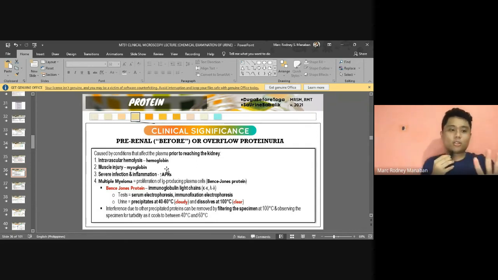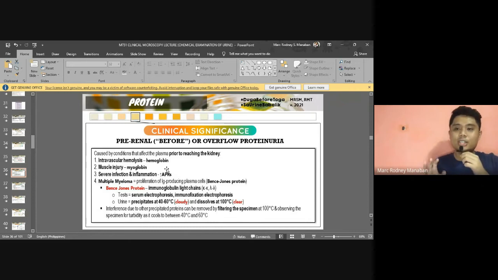That's why it's called overflow: too much protein is produced, and the amounts of protein released exceeded the tubular reabsorptive capacity of your tubules. That's why they are expressed in the urine. It overflowed, because of too much production of these proteins, all right?